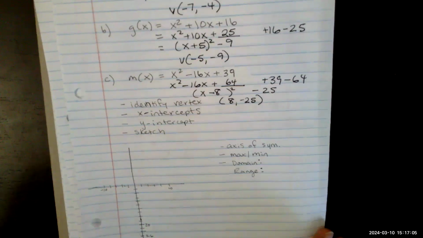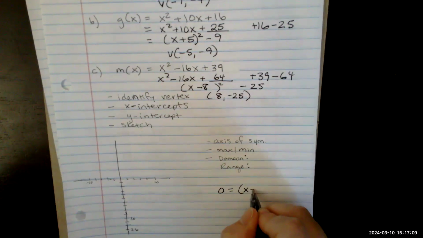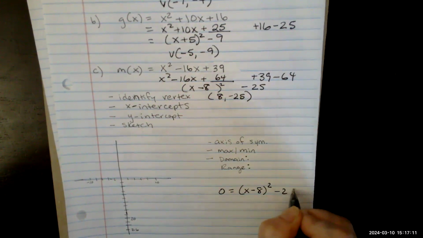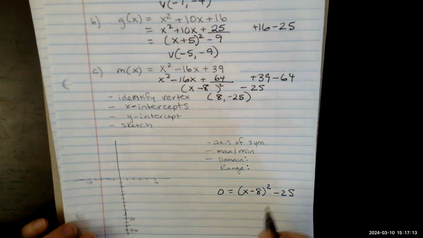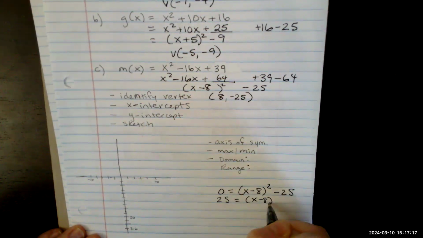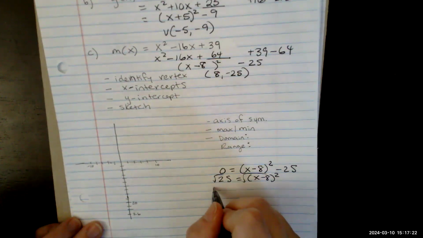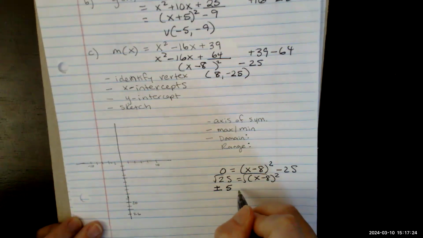What are our x-intercepts? I'm going to come down here to solve that. I'm going to set the equation equal to 0 and solve. So when we add 25 in this case, take the square root of both sides, which means we're going to have a positive and a negative 5.